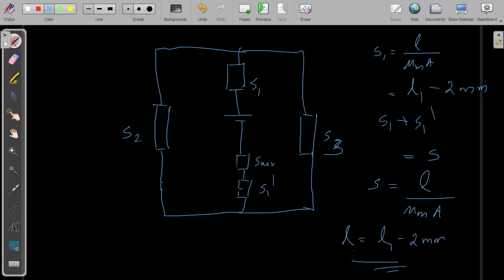Okay, then S is found out. So you can add these S1 and S1 dash, and you will have S. Then we have to find out this S air.